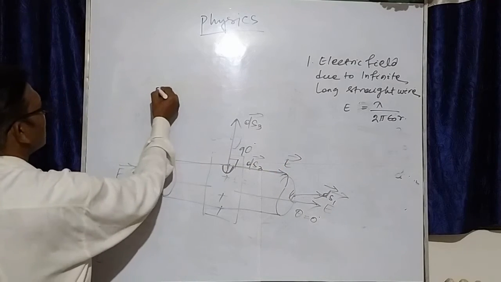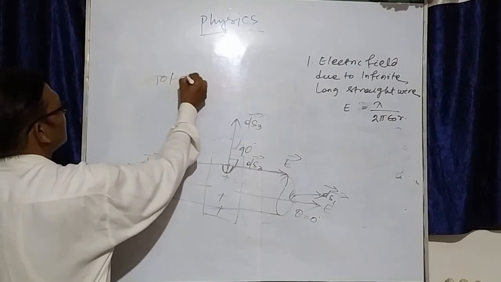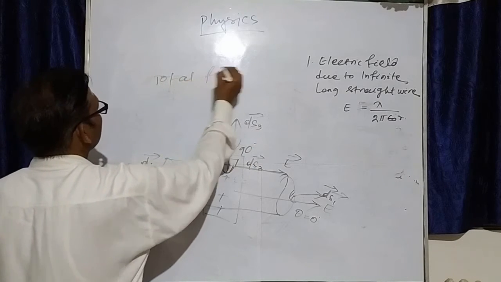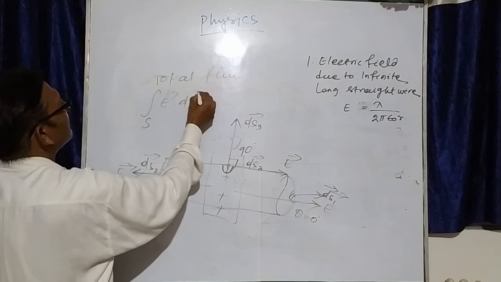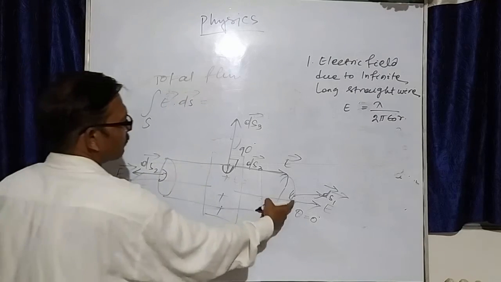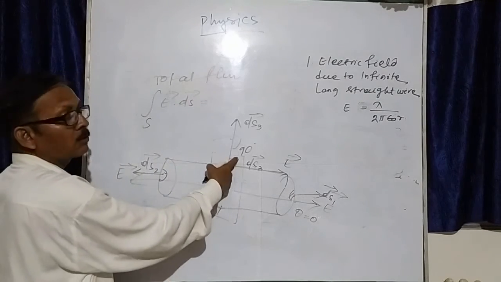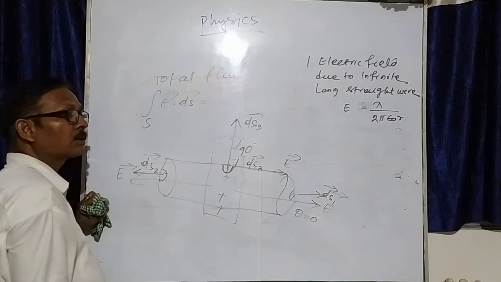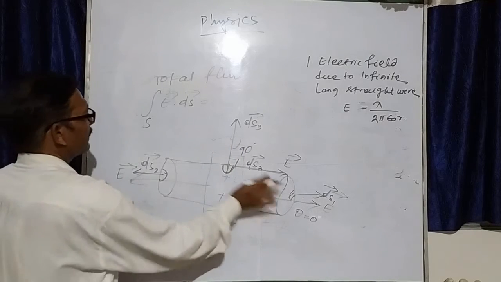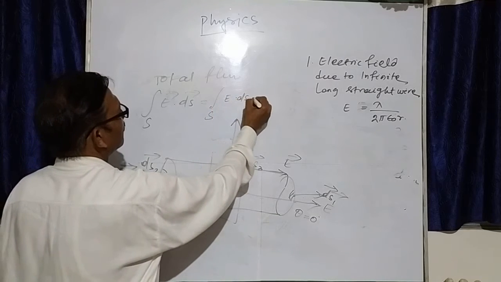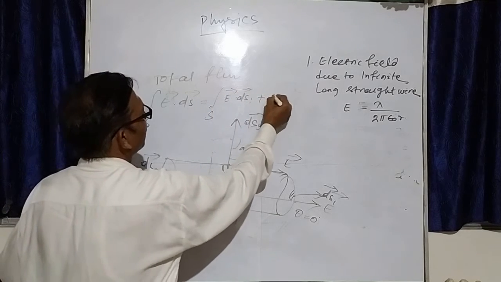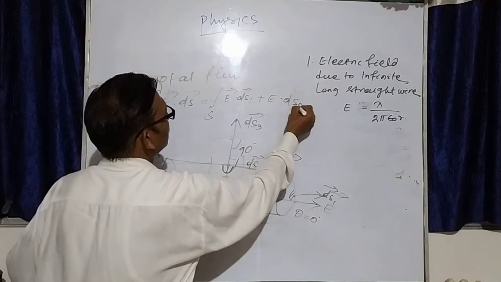So total flux is equal to E dot ds, this one and this one. This is equal to 0, because cos 90 is equal to 0. You add this and this, so E dot ds1 plus E dot ds2.